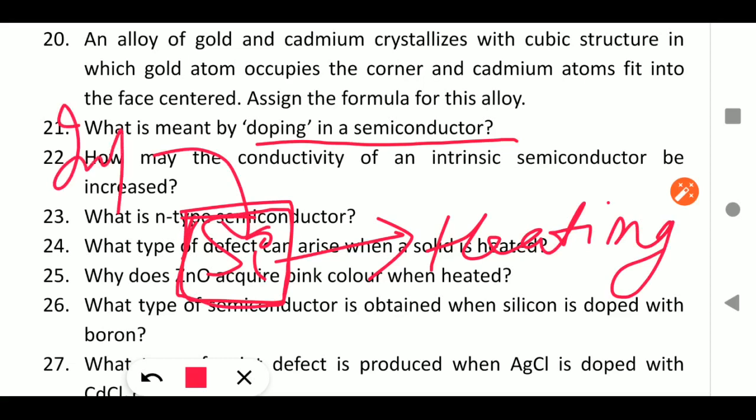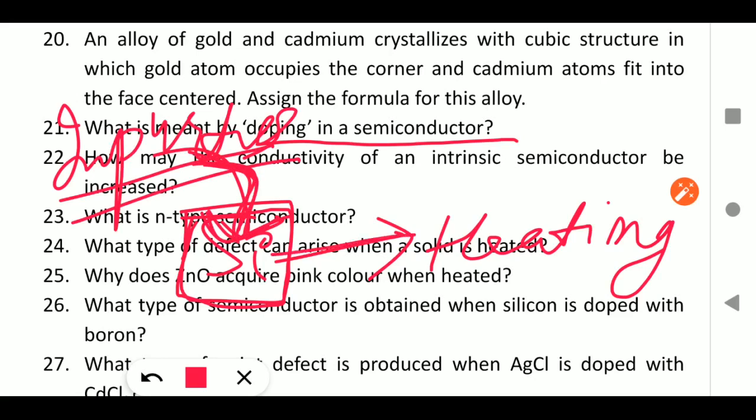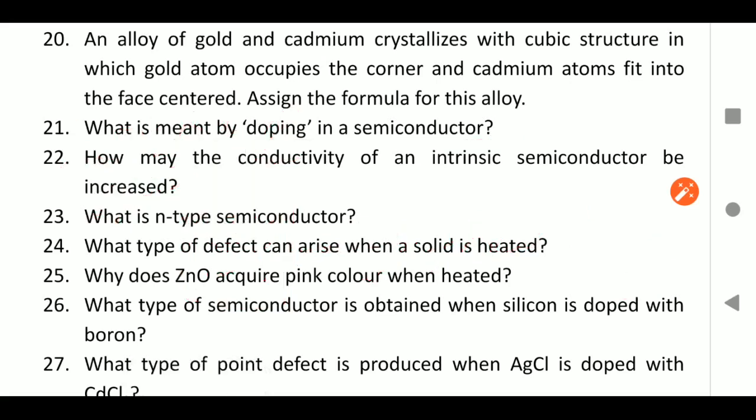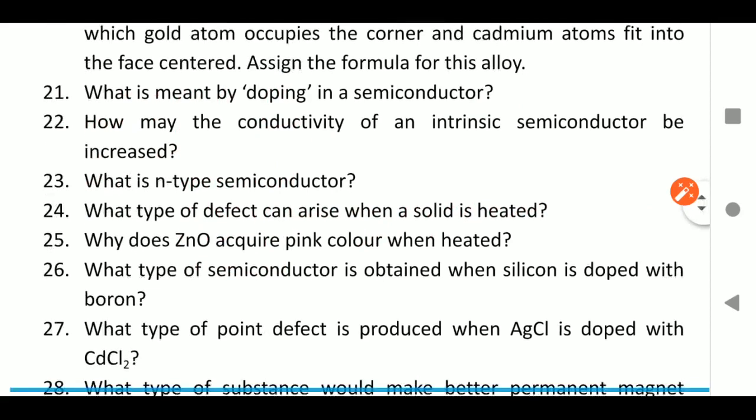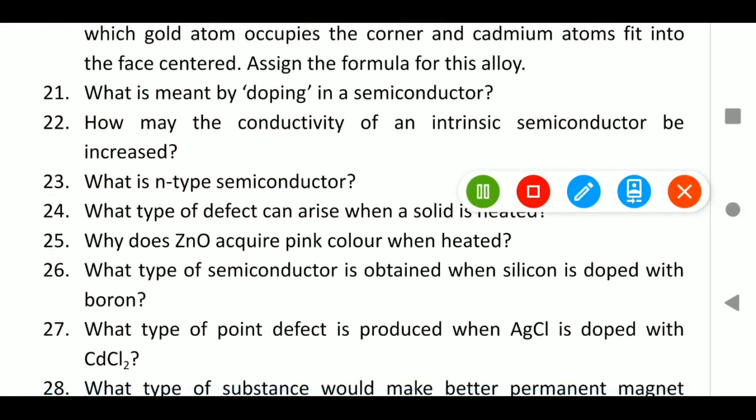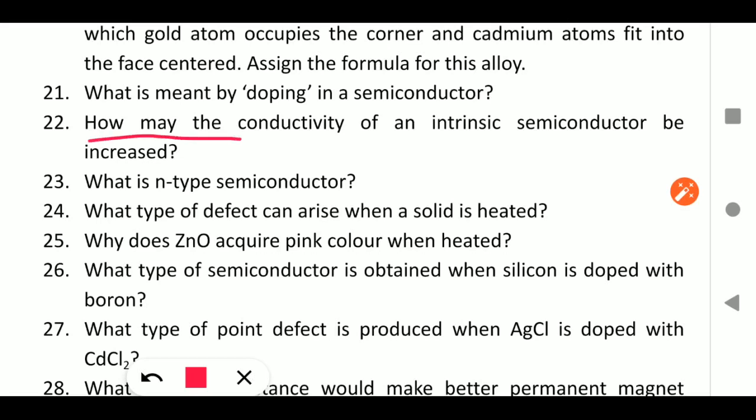The introduction or addition of impurities to a pure substance by which conductance increases, this process is known as doping. Next: how may the conductivity of an intrinsic semiconductor be increased?